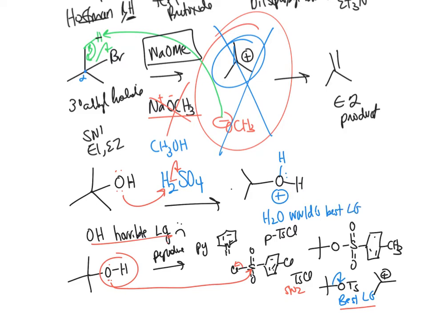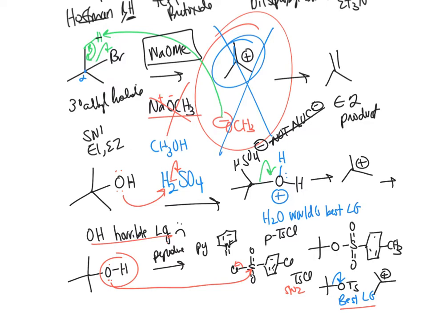So, that's my carbon there. So this is going to leave, and now you have a carbocation. And so, in that case, this HSO4 minus is not a nucleophile. Okay, not ever going to be a nucleophile.